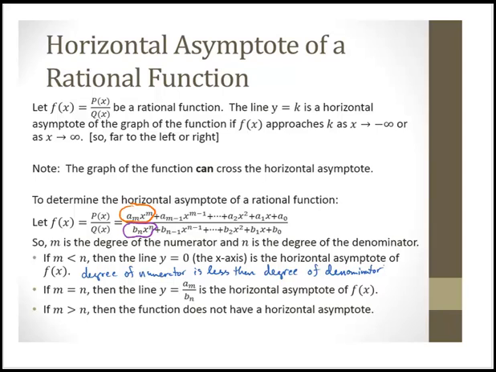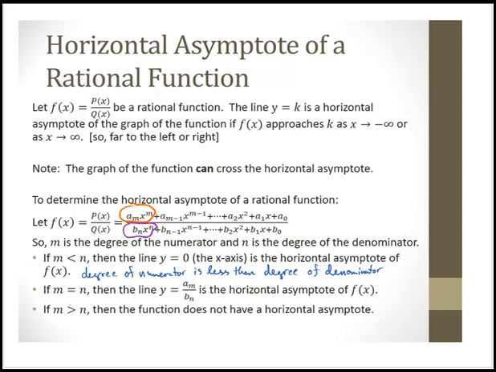If the degree of the numerator is less than the degree of the denominator, then the line y equals 0, the x-axis, is the horizontal asymptote of the function. Basically what happens in that situation is the denominator has a higher degree and eventually overtakes any values in the numerator. And so we are dividing by larger and larger numbers, and that drives to 0.